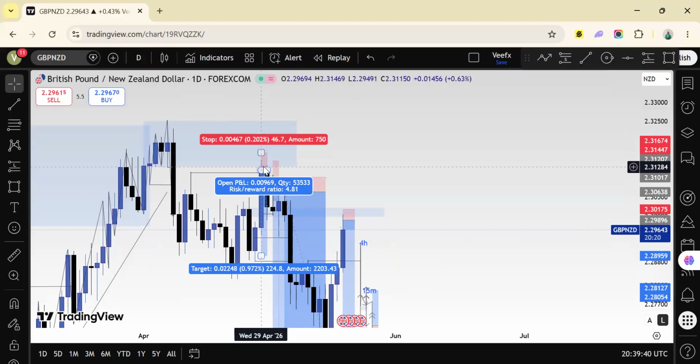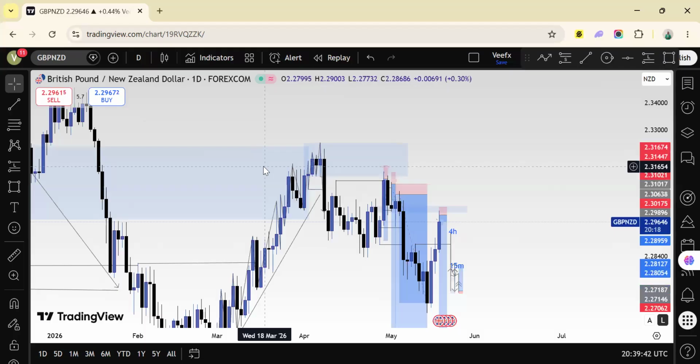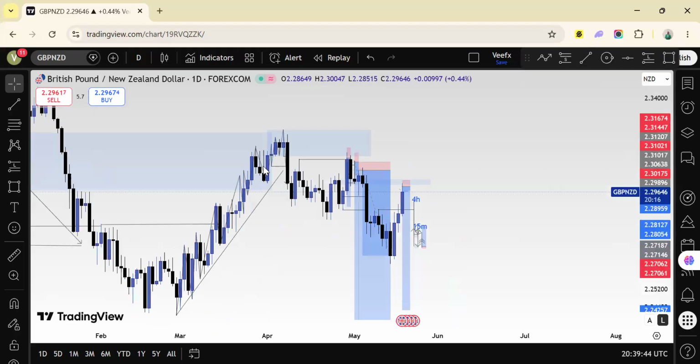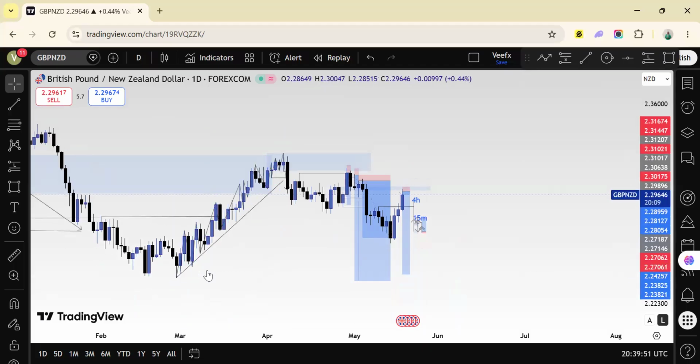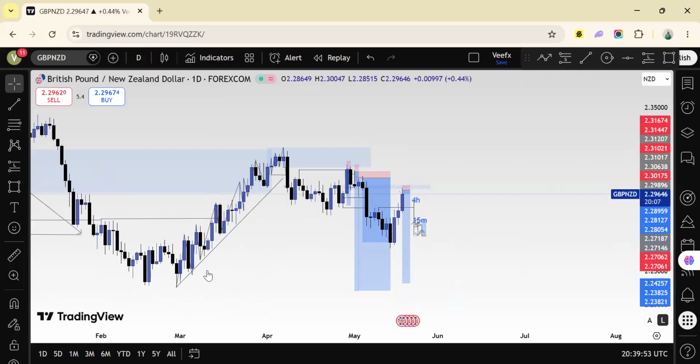It triggered. Now, what I also applied on this particular trade is that the daily time frame is a very much higher time frame, right? And this alone is a directional bias on its own because it is a daily time frame.